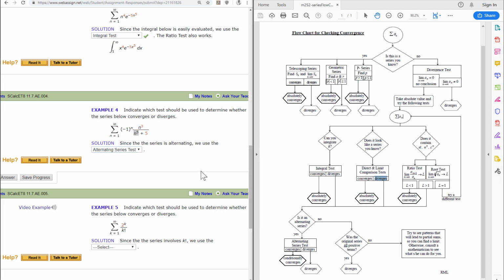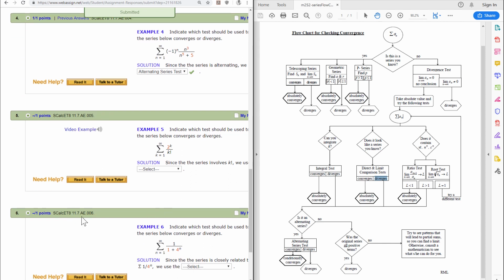And so if the power was n to the fourth divided by n to the fifth, then the comparison test would be 1 over n, which is the harmonic series, which is going to diverge, and then I would do the alternating series test after that. In this case, this thing's going to absolutely converge, but they just want us to use the alternating series test.